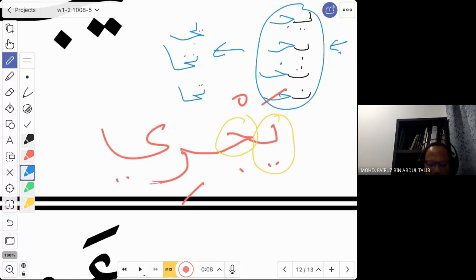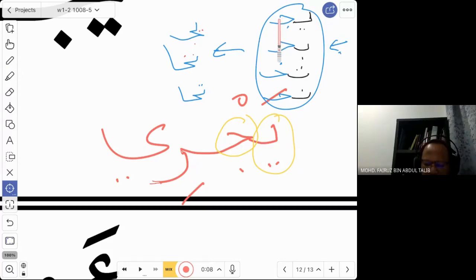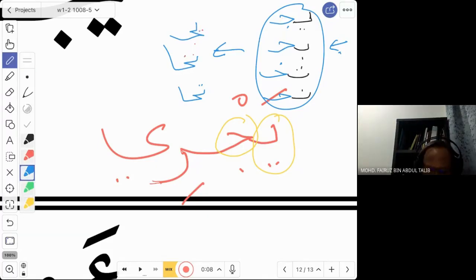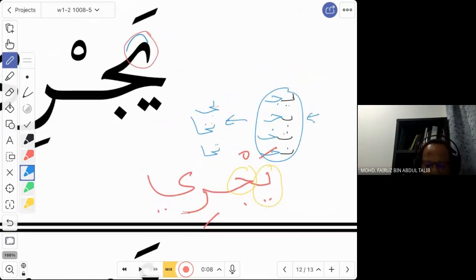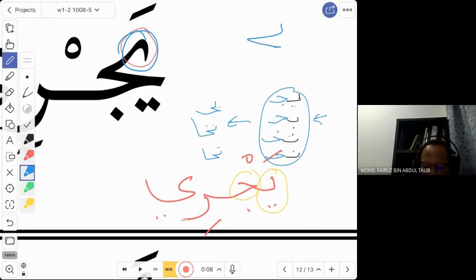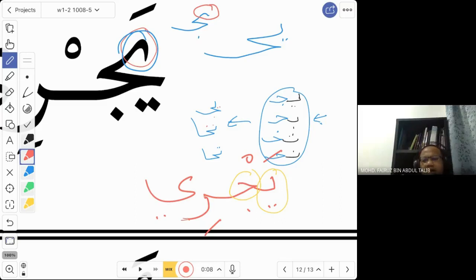So this is another way of writing these symbols together: you can put one above the other. And what about the one that you see here? This is just a style of writing. Instead of doing this, they change to something like this. Just a style. You can do this, provided that you know this is actually a letter. It can be a ta, it can be a ba, it can be a ya.